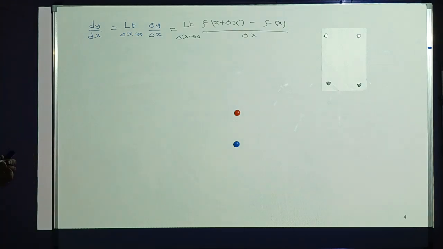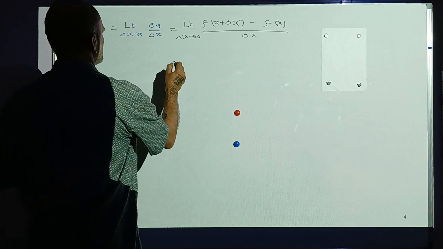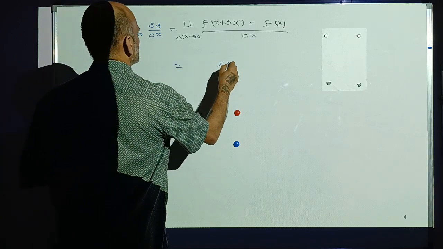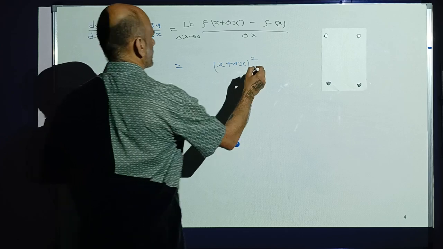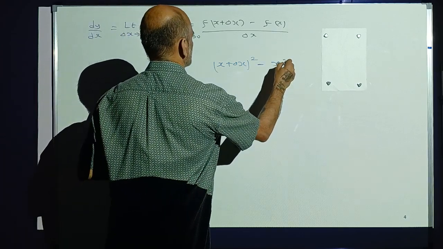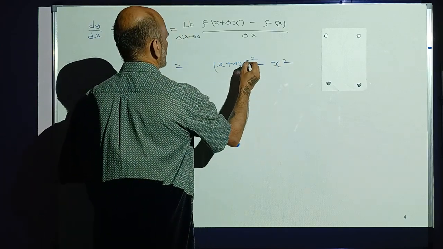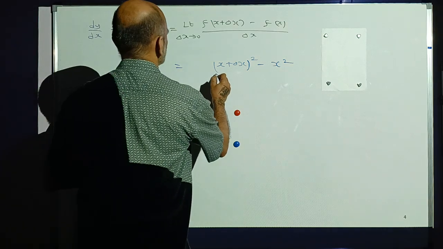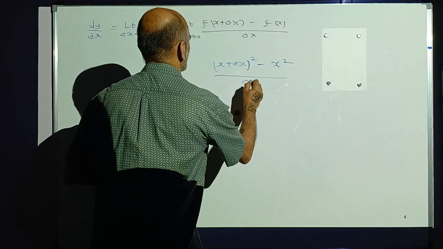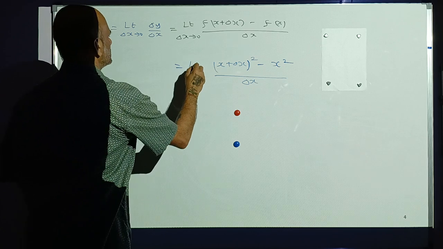So in this example, the function is x square. So this will become x plus delta x whole square minus x square divided by delta x, and then the limit has to be put.